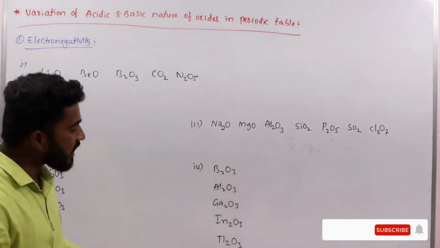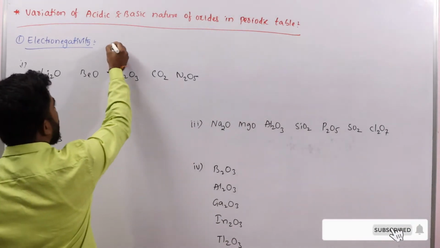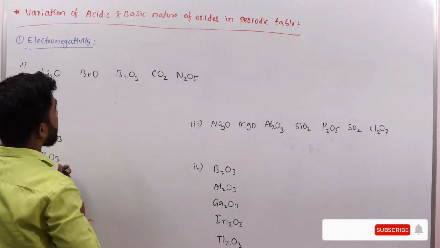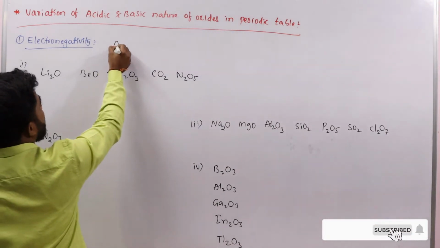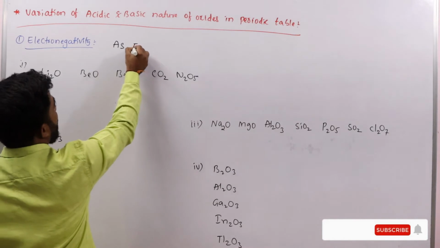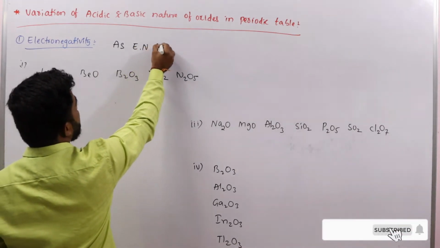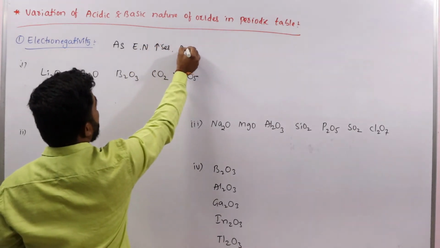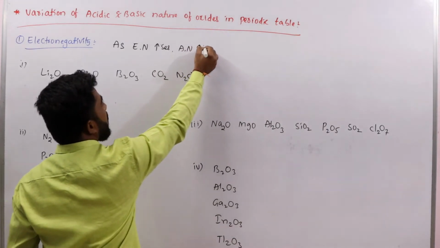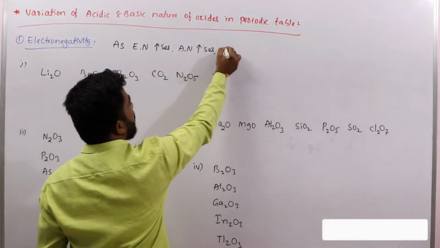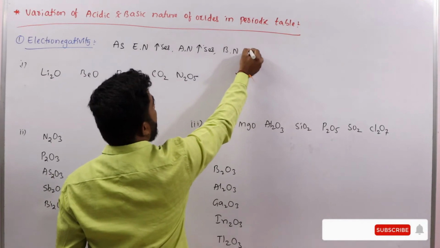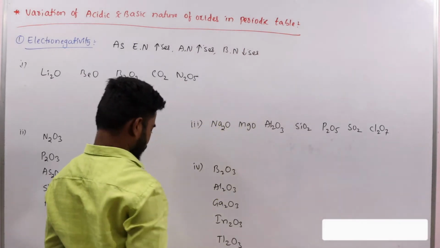As electronegativity increases, acidic nature of oxide increases and basic nature of oxide decreases.